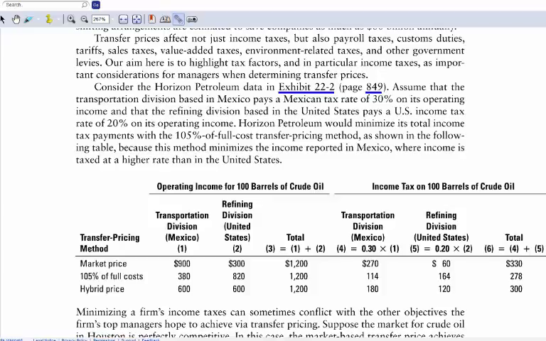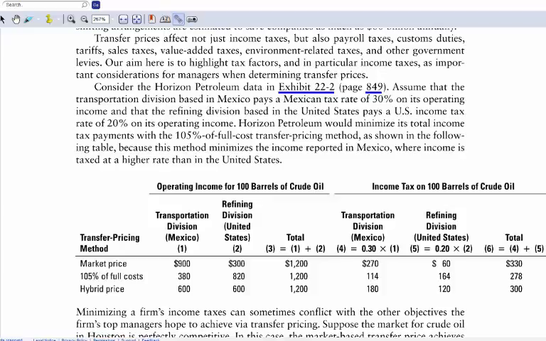By increasing the transfer price, the income can be reduced and more money removed from the host country without being subject to income-related transactions or those restrictions. So again, there's a lot going on in the area of tax and how to manage that for these multinational companies. So let's continue looking at this Horizon Petroleum item.